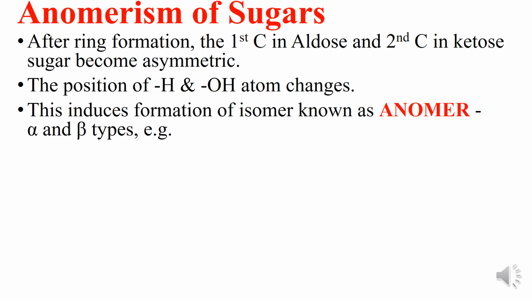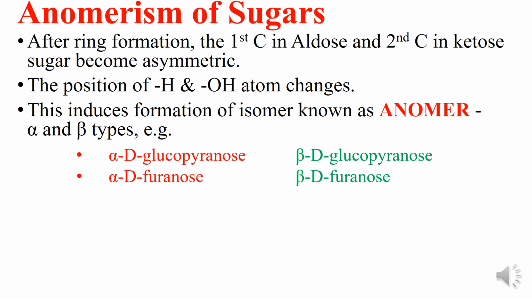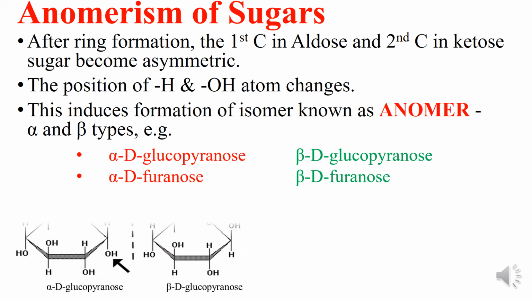It is a new type of isomerism which is seen in cyclic monosaccharides. They are of two types, the alpha and beta types. Examples of these are alpha D glucopyranose and beta D glucopyranose, alpha D furanose and beta D furanose.